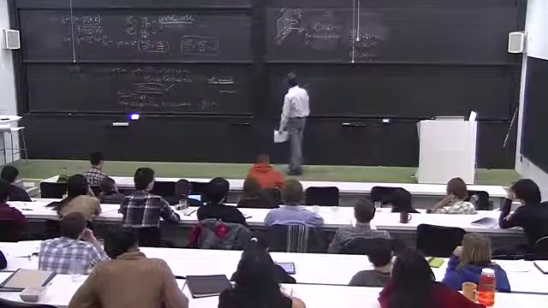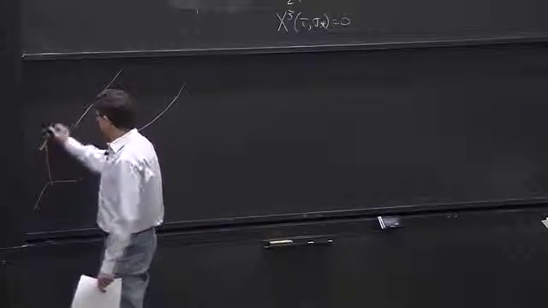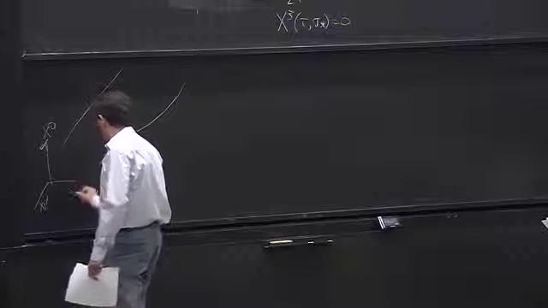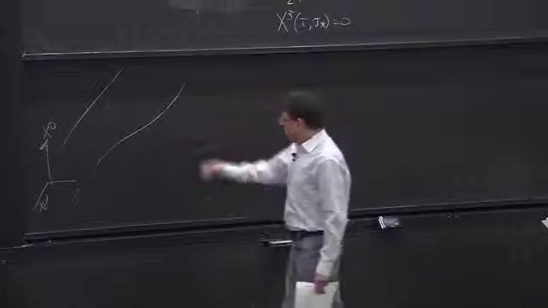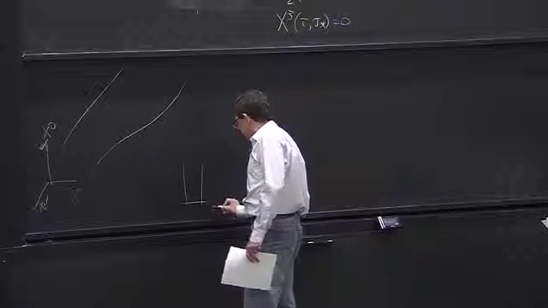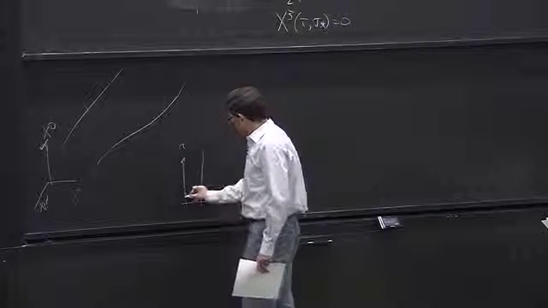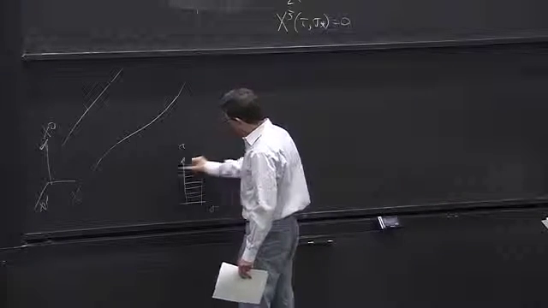choosing a parameterization? Here is your world, x0, x1, x2. And then there is tau and sigma. There's sigma here, and here is tau. This is the parameter space, a grid.